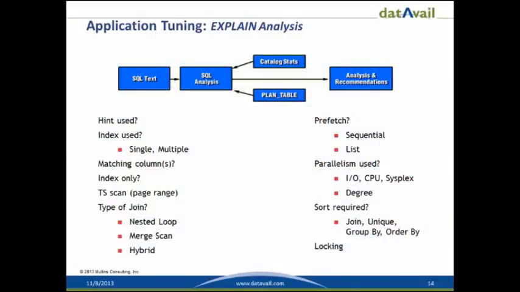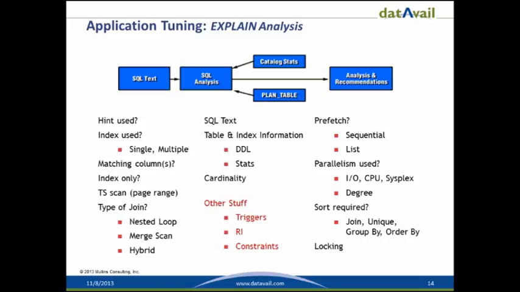Okay, if there's all this good information in the plan table, we should be able to go in and analyze it. And all the questions shown here can be answered by looking at plan tables. You know, was a hint used? Was an index used? If so, one or multiple? And so on and so on. All these questions have data in the plan table that can be answered.